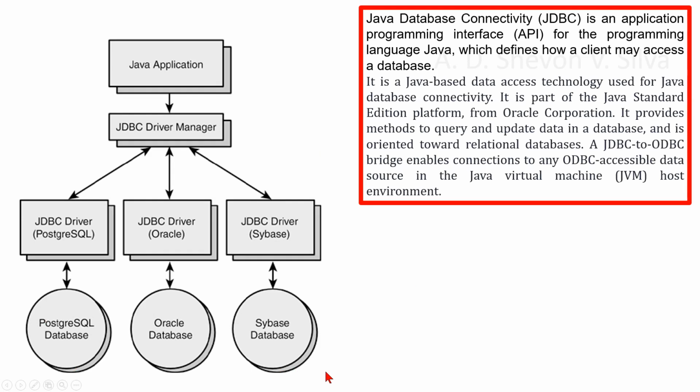Java Database Connectivity (JDBC) is an application programming interface (API) for the programming language Java, which defines how a client may access a database. It is a Java-based data access technology used for Java database connectivity.